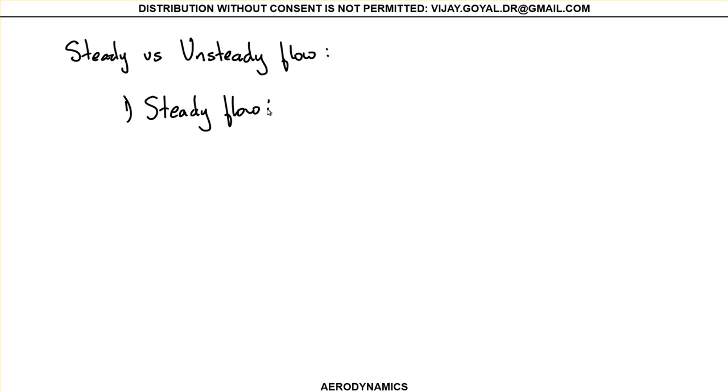for steady flow, you think about a fixed object. Consider the following case. Let's suppose I have a fixed object in space, and I have a flow that comes like this.